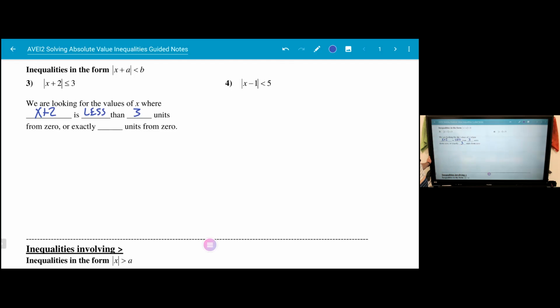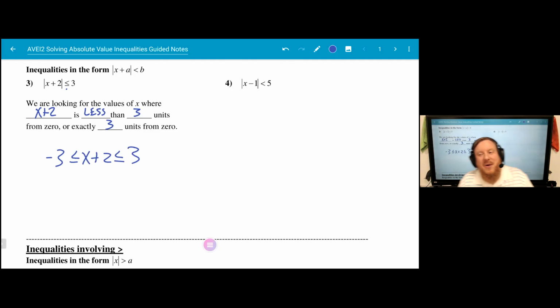Here's how we do this. Take that stuff in the middle and the absolute value, put it right in there. Take the same inequality sign, put it on the left and the right. Put the negative of the number on the left, the positive of the number on the right. Okay, we've got this one.